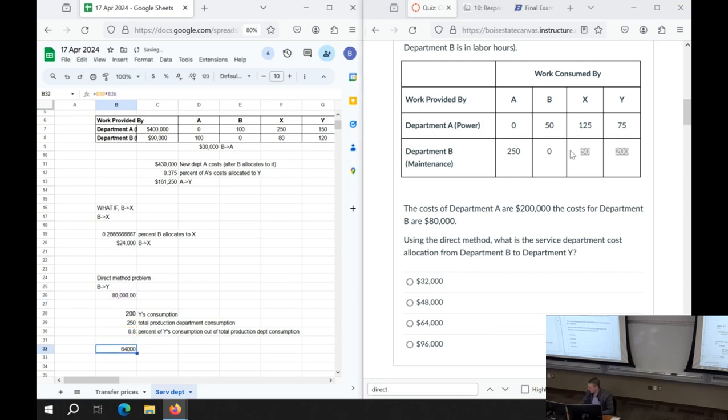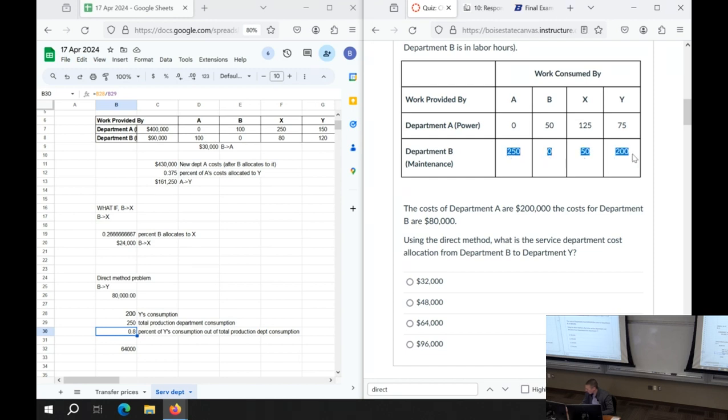So what we've done is by making the denominator just this 250, we've done what I say we do in the direct method, which is to ignore this interdependence. We're going to act as if this is 0 and make a new denominator of 250 here and create a new percentage of 80% instead of what it was in the full percentage table here. If we had just total percentages here, it'd be 200 out of a total of 500.